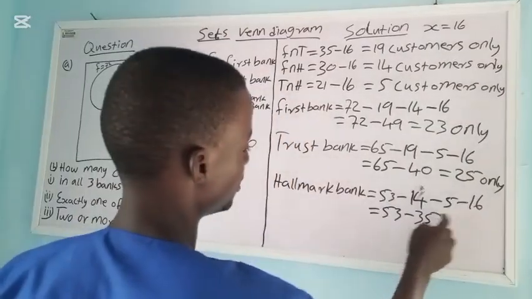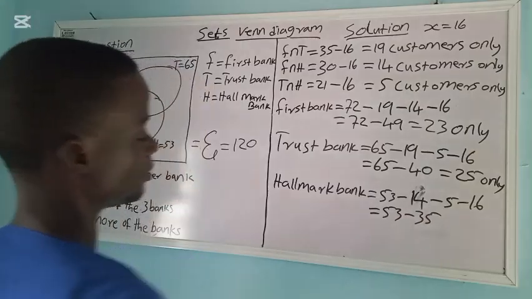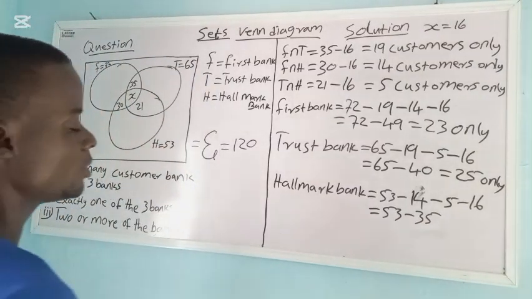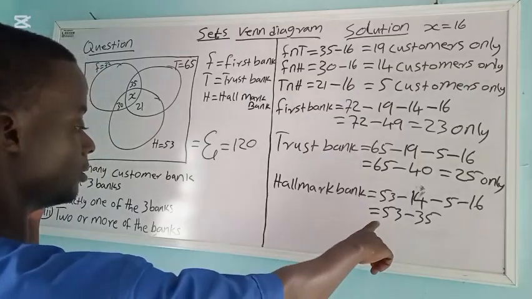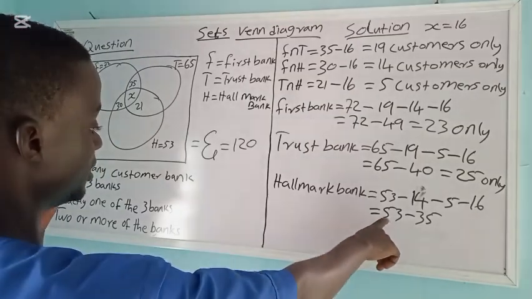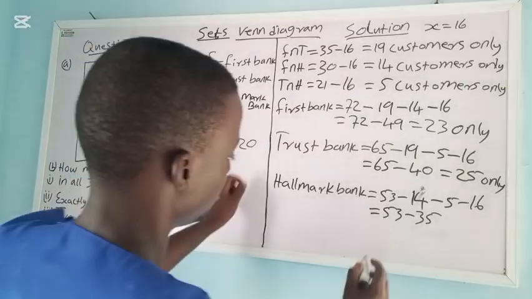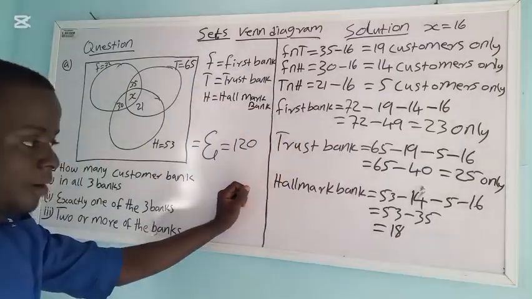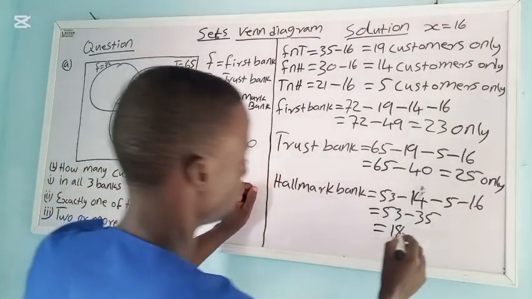Because this one minus this one is minus 30, and then this one is minus 35. So now we want to subtract 35 from here. So it will be what? I think it will be 18. Am I right? Yeah. 18 customers only.